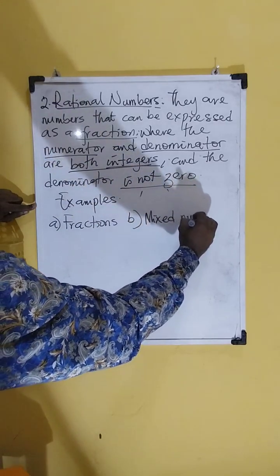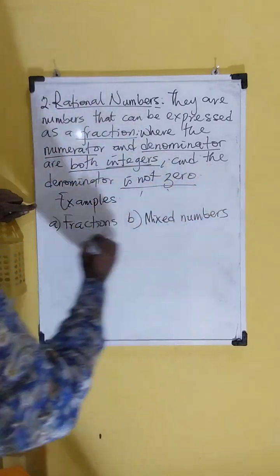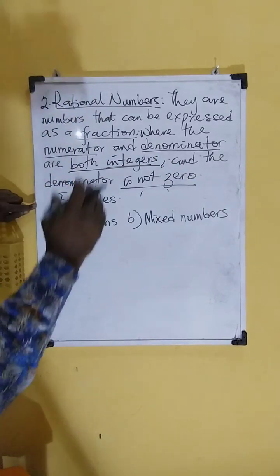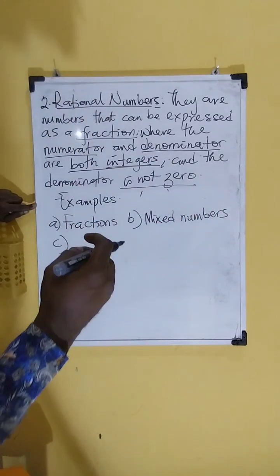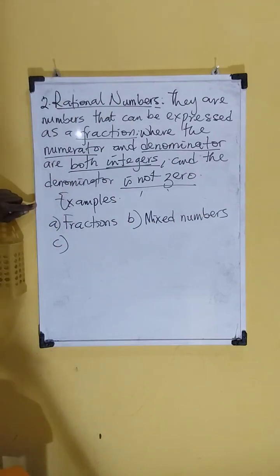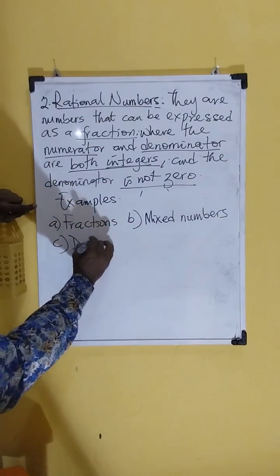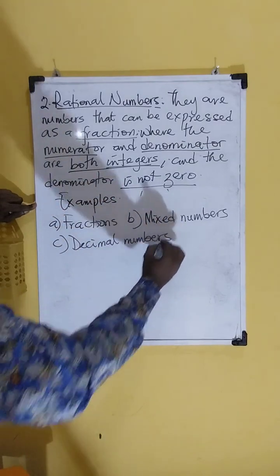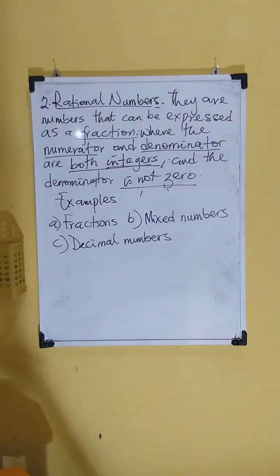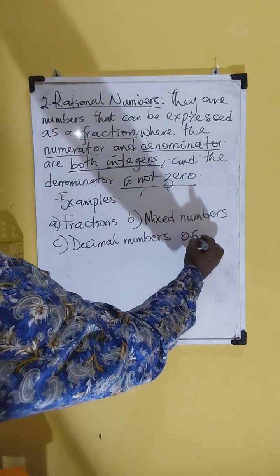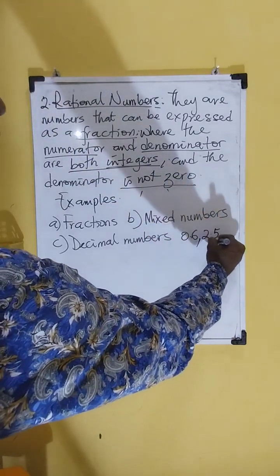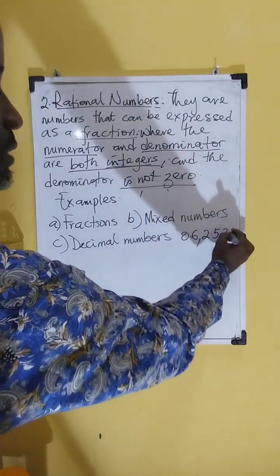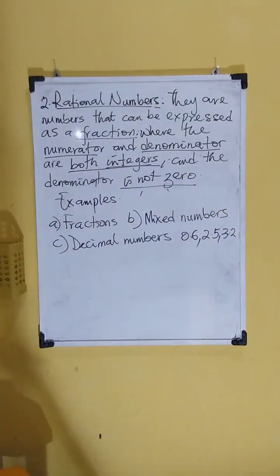That is the question James asked, whether we can also include improper fractions. Then we have decimal numbers. They are all rational numbers. For example, 0.6, 2.5, 3.2. These are all rational numbers.